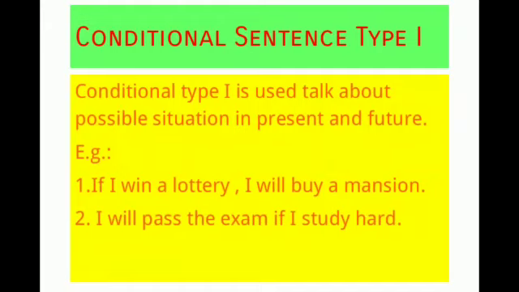Jika saya menang lotre, saya akan membeli sebuah rumah yang sangat besar. Jadi, masih memungkinkan seseorang menang lotre dan dia bisa membeli rumah yang sangat besar di masa sekarang atau masa depan. The second example, I will pass the exam if I study hard.